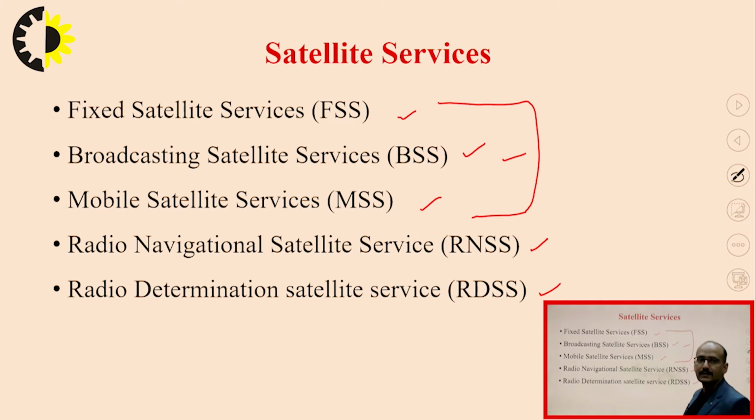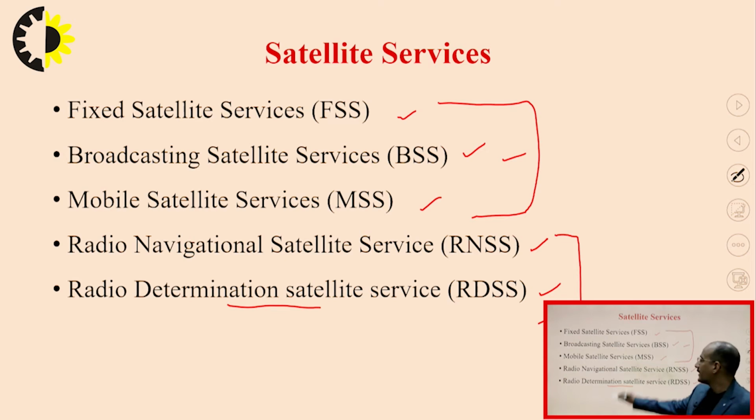Other than that, two services are also there, that are radio navigational satellite service and radio determination satellite service. More or less, both services are the same in some points, but the navigation satellite service is used only for navigation purposes, whereas the determination satellite service is used to determine the location of a particular point.